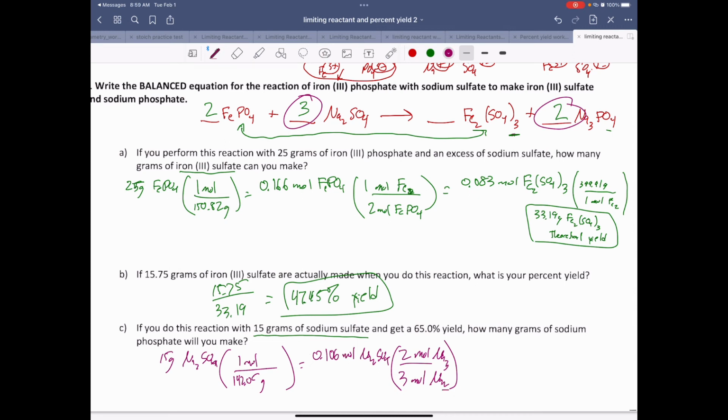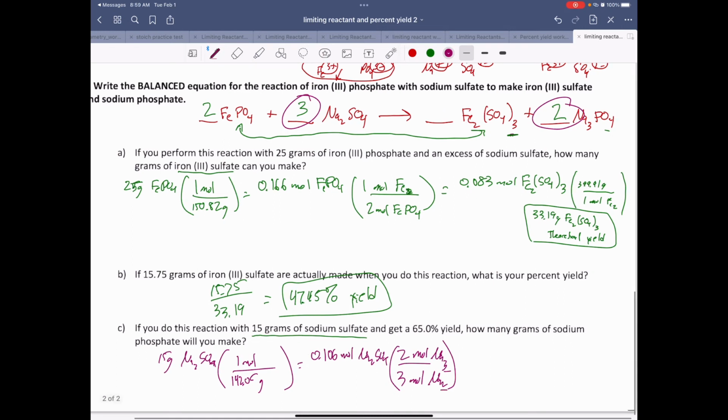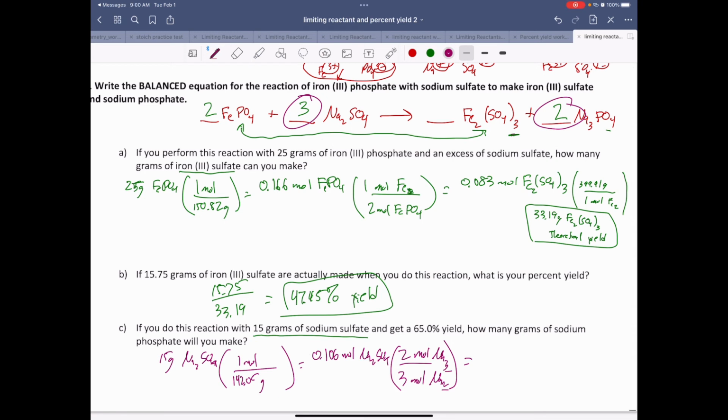Sort of this 2 versus 3, just to remind myself of what these represent. So it's going to be 0.106 times 2 divided by 3, 0.07, we'll call it 0.071 of Na3PO4.